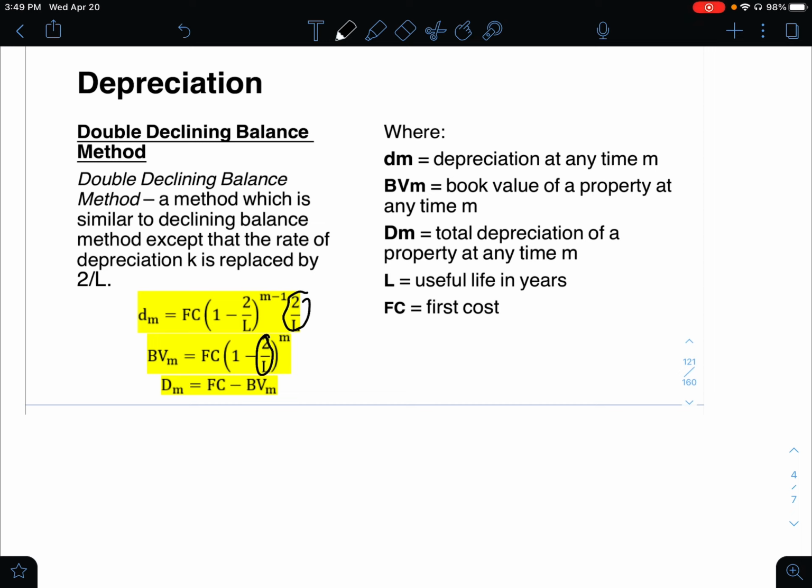The rest is the same, the book value and L. The only difference is k becomes 2 over L, so it is the double declining balance method.